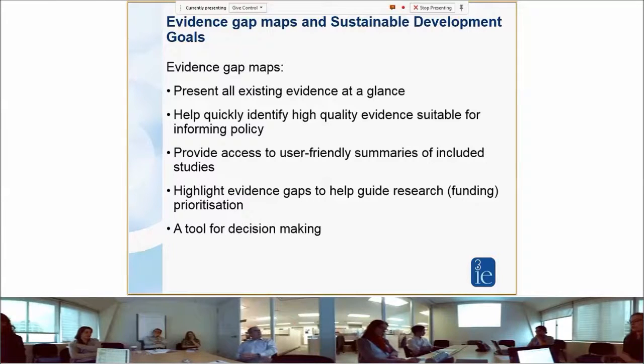They are trying to provide access to summaries of this research, which can be quickly accessed, and they can highlight some of the evidence gaps that are still out there that can both help guide research, but also help guide policy, in that you can just say, well, we don't know, so what are we going to do, and should we try and evaluate it as we go along? So we hope it can be a useful tool for decision making.